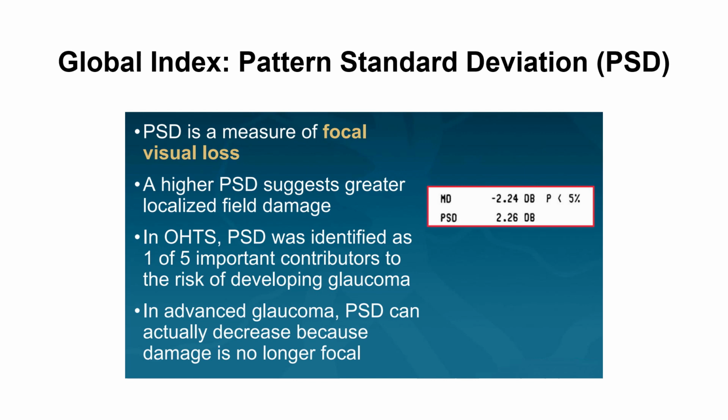It will be a reduction of the whole field, a generalized reduction in the visual field, like tunnel vision. Because there are no localized irregularities due to the advanced loss, the pattern standard deviation will be low. However, in general, a higher pattern standard deviation means greater localized field damage.